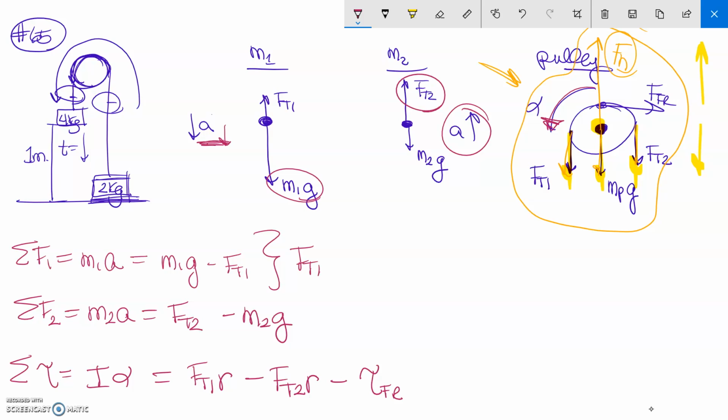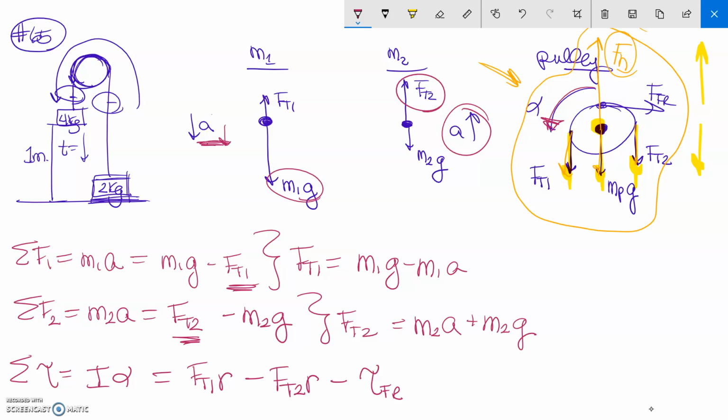So Ft1 equals m1g minus m1a. Ft2, I'm just isolating the Ft here and the Ft here. Ft2 equals m2a plus m2g. Okay.